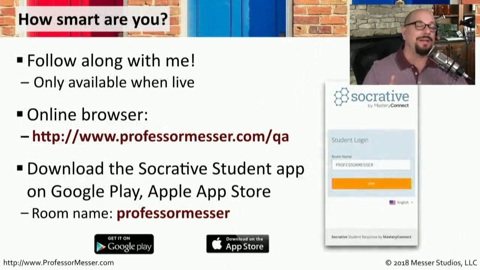The way that you're going to answer this question and all of the subsequent questions is on professormesser.com/QA. This takes you to a website that has a lot of details on what you need to do. It's called Socrative, a third-party service that we use. I put all the questions in there. You simply go to the page, professormesser.com/QA, and you will be able to see the questions.